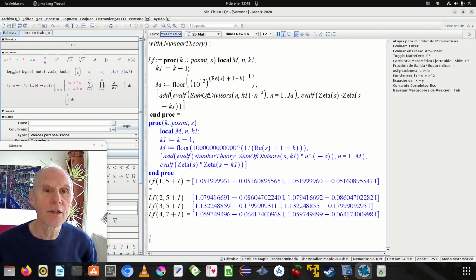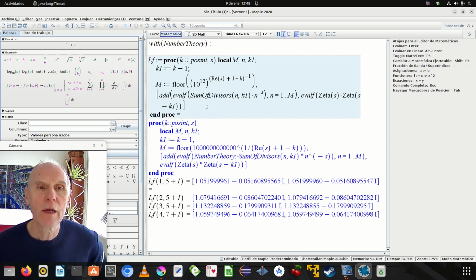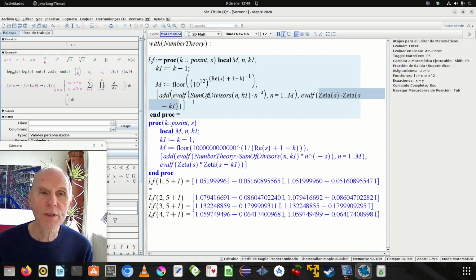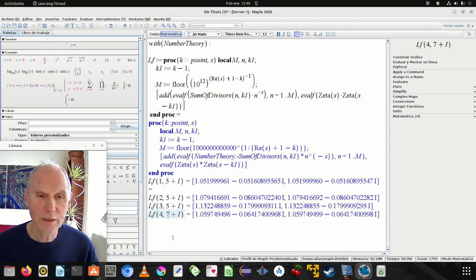So I defined the function LF. And it makes a list first of LS and then of the product of the zeta functions. And I computed it for k equals 1, 2, 3, and 4 for various values of s.